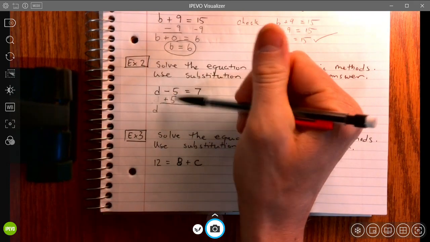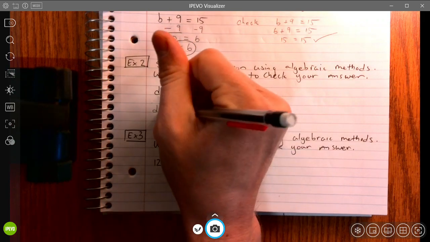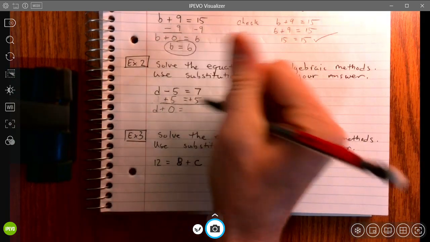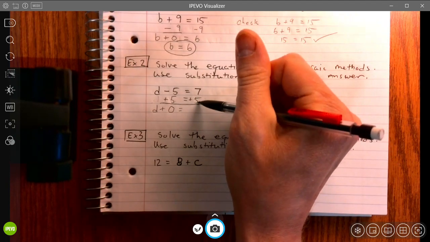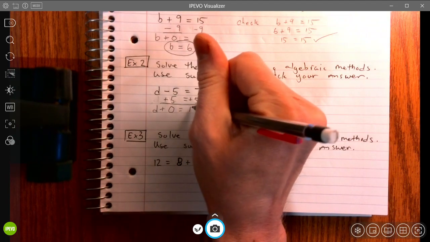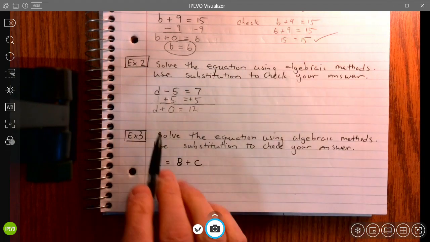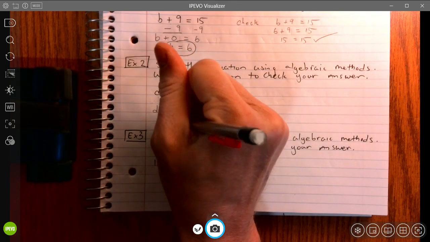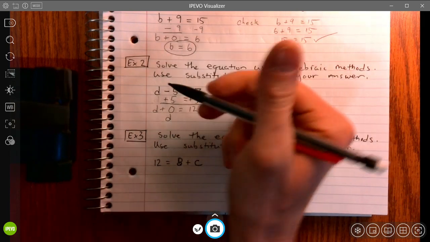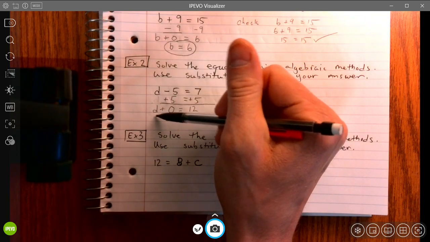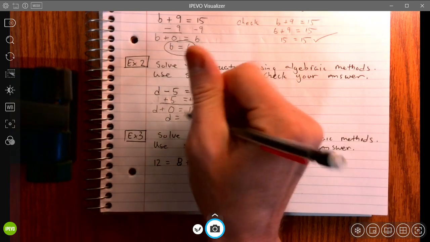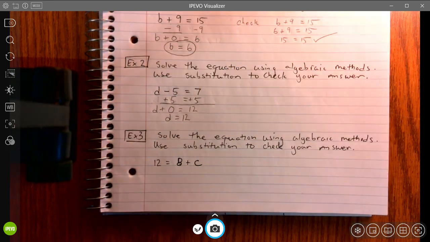Negative 5 plus 5, that's 0. And 7 plus 5 is 12. I can clean this up. d plus 0 is just d. Any number or variable plus 0 is just itself. And I get d is equal to 12.